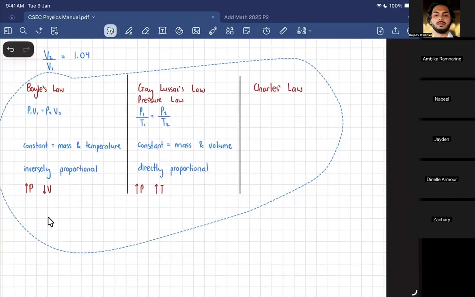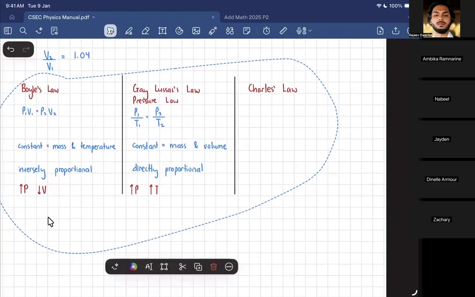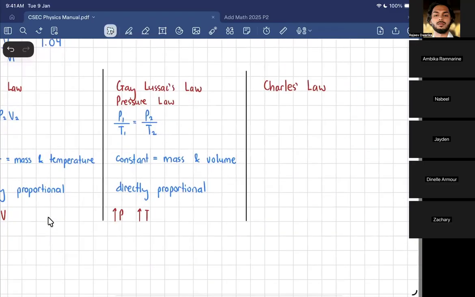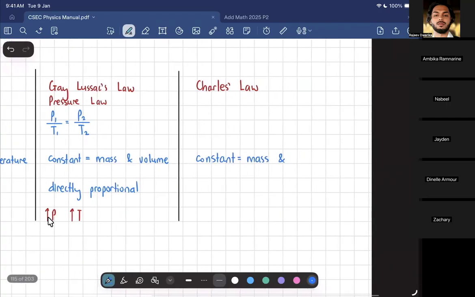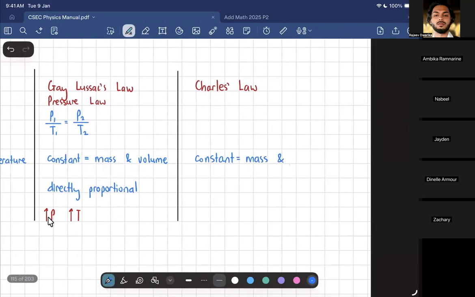Right? So Ambika, let's continue. Charles Law. What does Charles Law say? That gas is at a... no, wait, pressure is constant, my bad. So the constant here is mass and pressure. For all of these, you must have a fixed mass of gas. So the only thing that should be changing is these two variables.